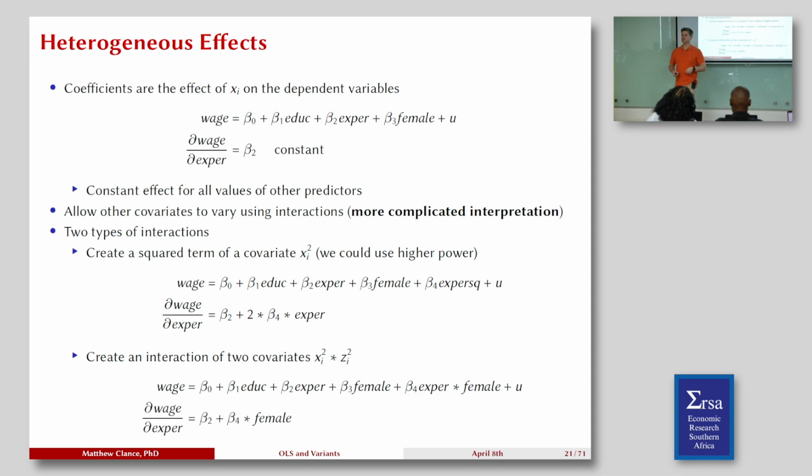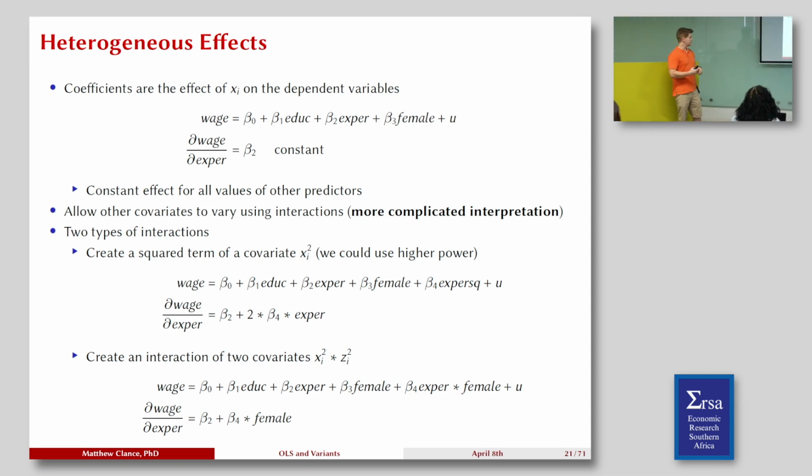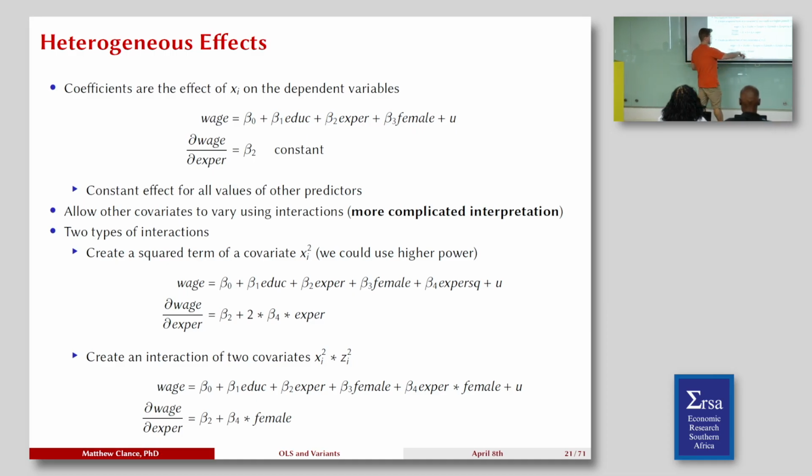So we're starting to see that we can get differential effects across variables, and also across different levels of experience. It might have been better if I took the derivative with respect to female, and I would have got beta 3 plus beta 4 times experience.